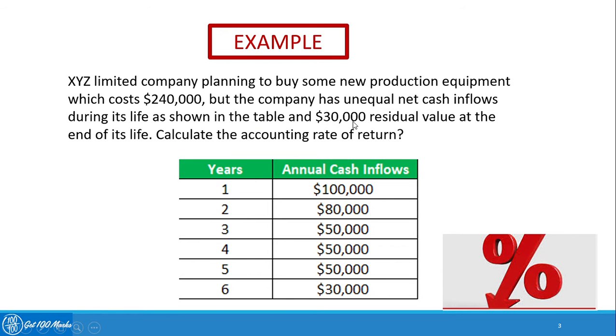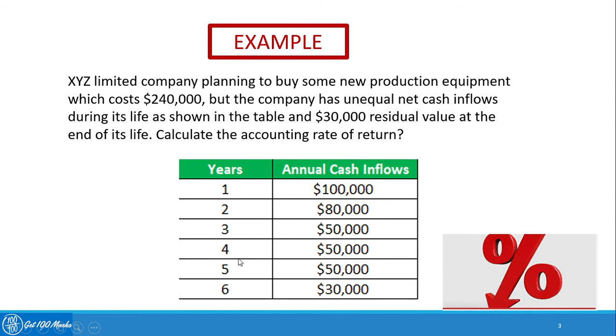And $30,000 is the residual value at the end of its life, which means after 6 years the life of the equipment gets over, and the residual value of that equipment is $30,000. Calculate the accounting rate of return.